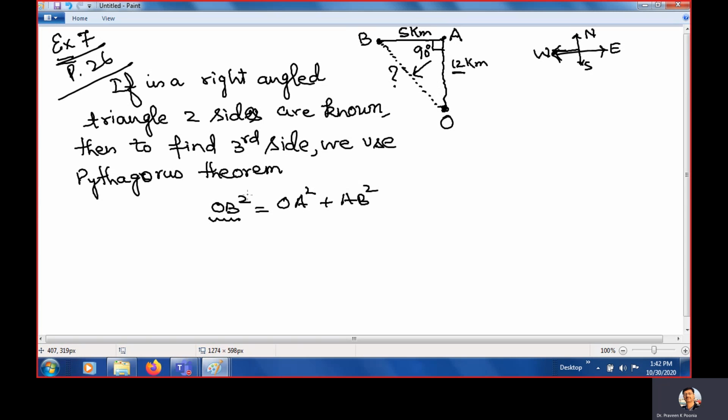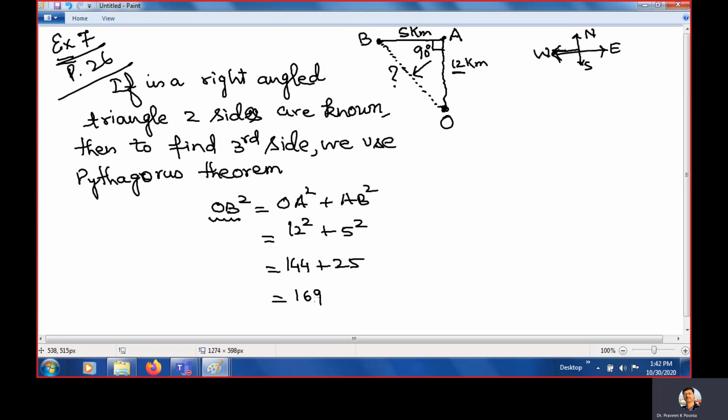So what is OA? OA is 12 power 2. AB is 5 power 2. 12 power 2 is 144. 5 power 2 is 25. If you add, it will be 169.